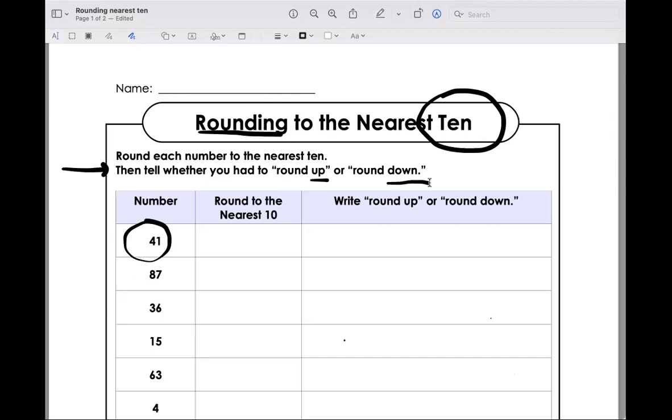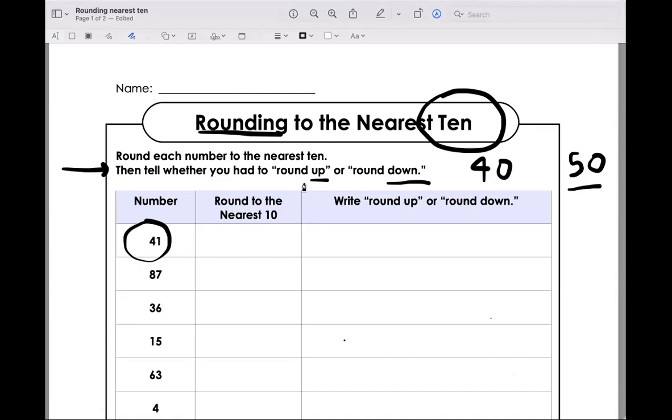So step two to thinking about this is rounding up means that we're either going to be, in this case, at 40 or 50. Rounding up means that we are going to either go up to 50 or we're going to stay at 40.